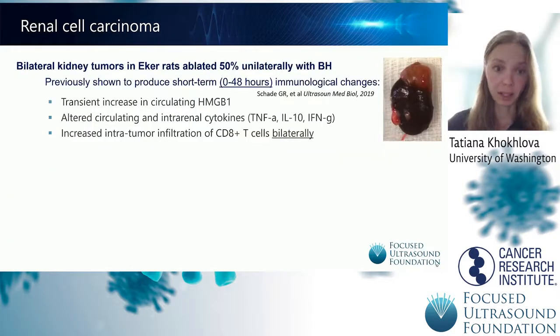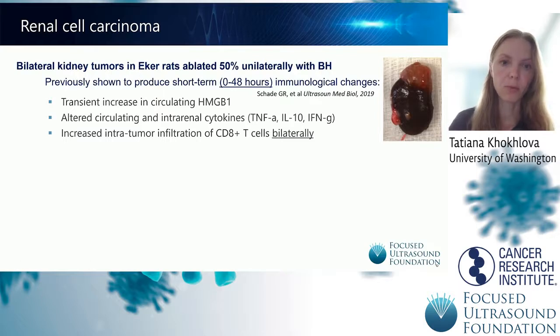In a more recent study done in renal cell carcinoma, also from our group, we used a bilateral kidney tumor model, and it's a spontaneously arising kidney tumors in genetically modified ECHO-rat model.